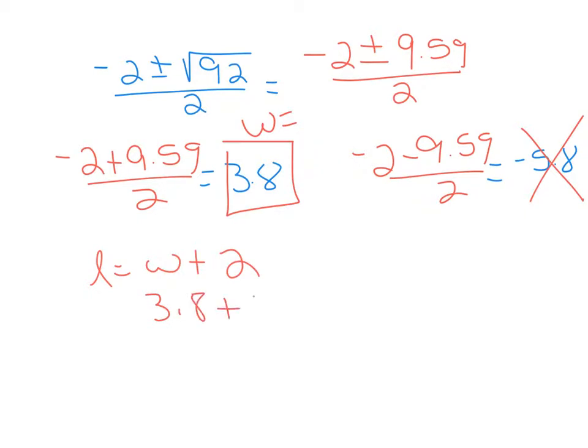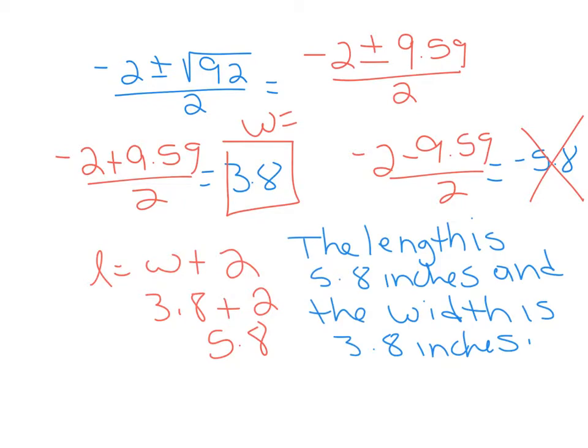We're going to add 2, and we're going to get 5.8. And don't forget, when you're working this, you need to express these in a complete sentence, or answer the question in a complete sentence. So that sentence will say the length is 5.8 inches from here, and the width is 3.8 inches from here.